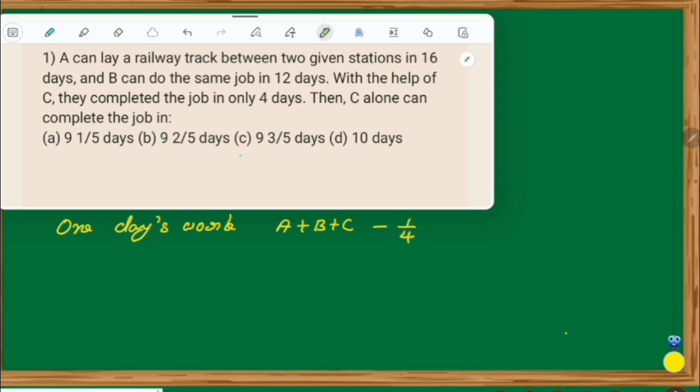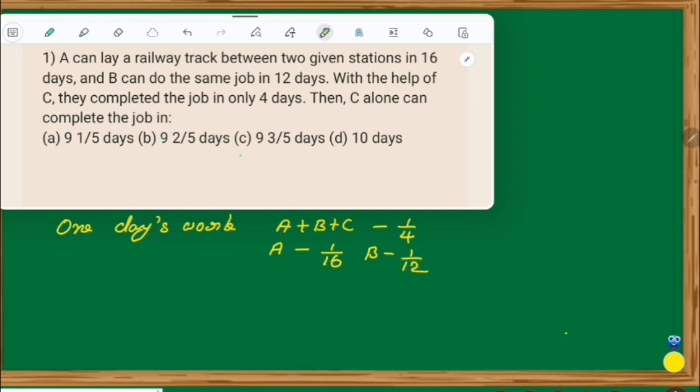Now A alone can complete the work in 16 days. Therefore, A's 1 day's work is 1/16. B can complete the work in 12 days. Therefore, B's 1 day's work is 1/12.